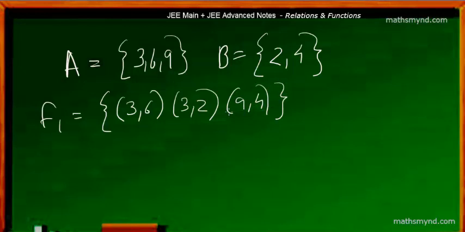As we can already see, 3, an element of A, is having two B images, and more than that, 6, which is an element of A, is not participating in the function. So it simply means that this case is actually not a function.